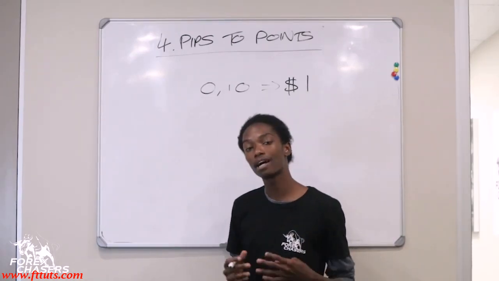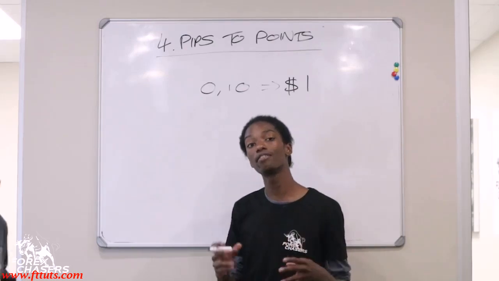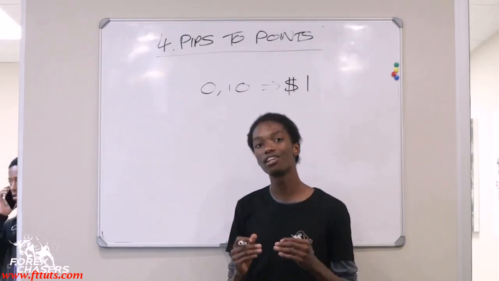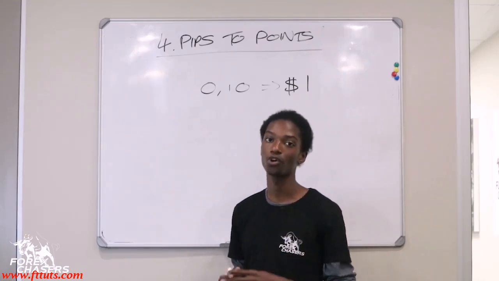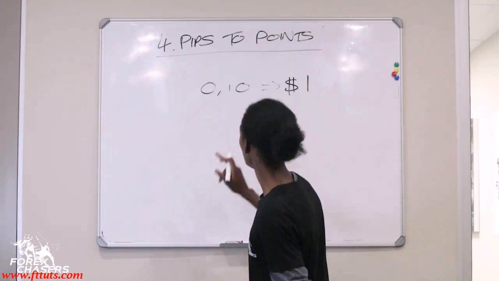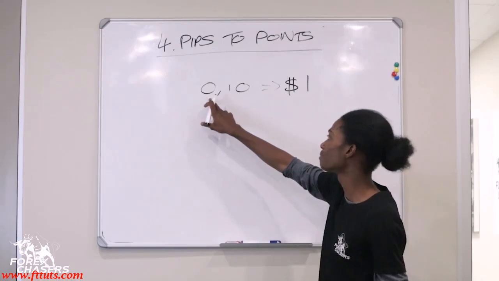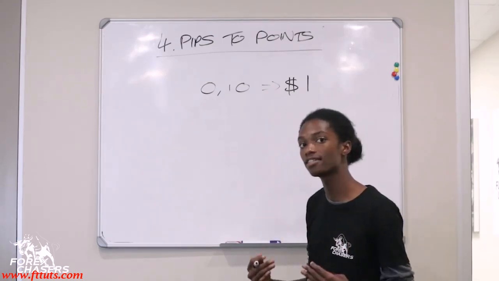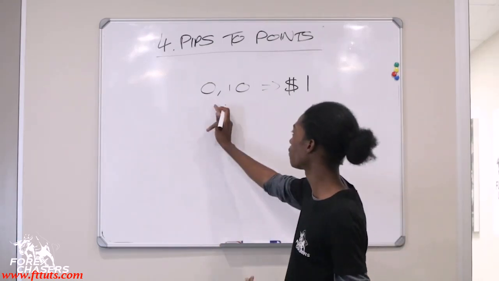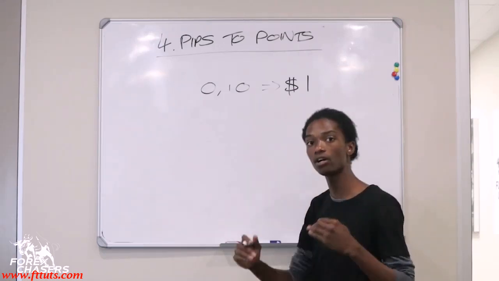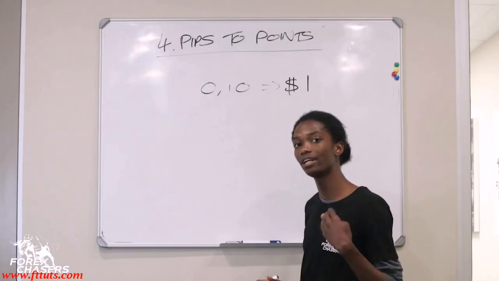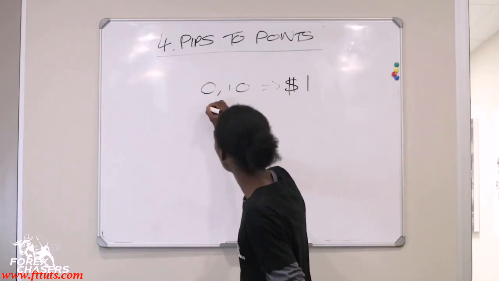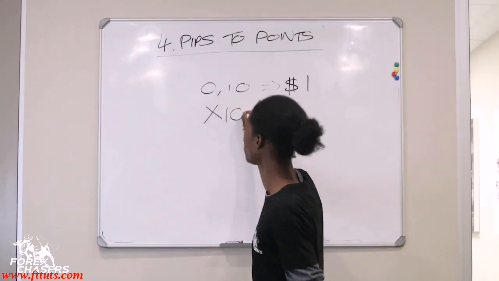Whatever your pip count is, you literally just multiply that by 10 to get your point value. Now let's say we wanted to open this position on a currency. We would know that 0.01 would equate to $1 per pip. Now what do we do to calculate the exact same thing on indices? We multiply by 10.